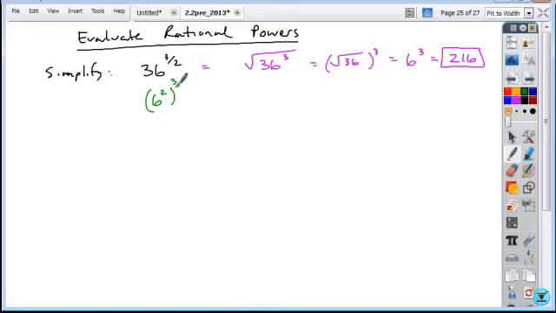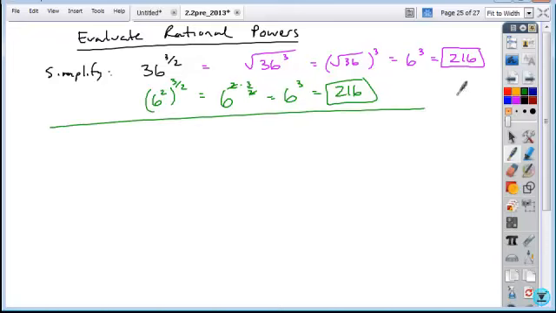So if you think of that as 6 squared to the power of 2/3, instead of using radicals and their properties, you can just use the properties of powers. What do you do when you take a power to a power? What do you do with the powers? You multiply. So you're looking at 6 to the 2 times 3/2. The 2 and the 2 cancel, leaving 6 cubed, which is 216.